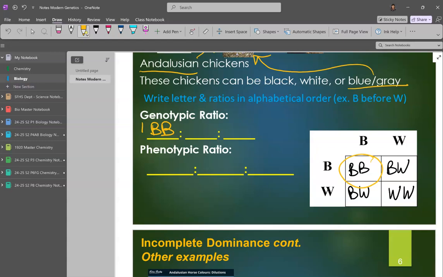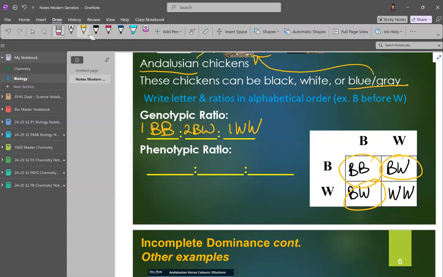The heterozygous one is still going to go in the middle. So we have two BWs, these two here, and then we have one WW. So the order for the genotypic ratio, you'll still have the one that's heterozygous in the middle. And then the one that's homozygous that goes first is whichever one is alphabetically first. And the other one that's homozygous that will go last is the one that alphabetically comes later.